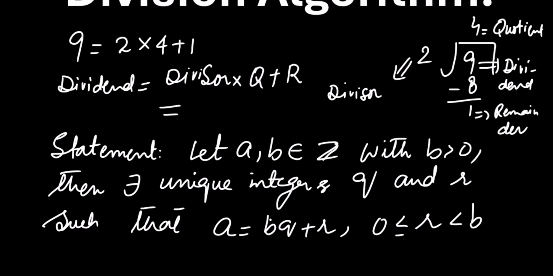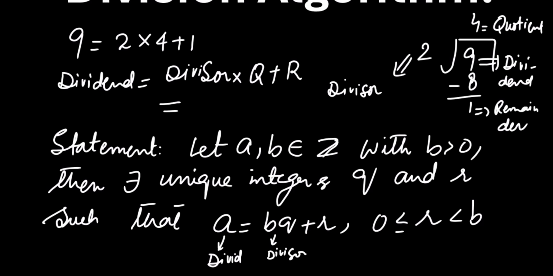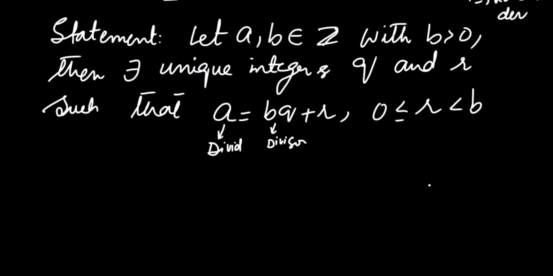So according to the division algorithm, here a represents the dividend, b is the divisor, q is the quotient and r is the remainder. You can verify it by a simple example.